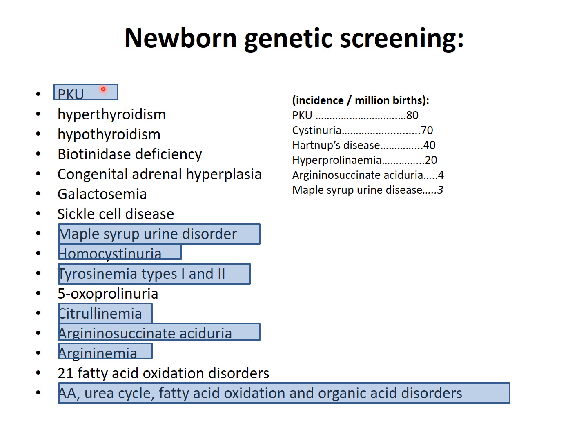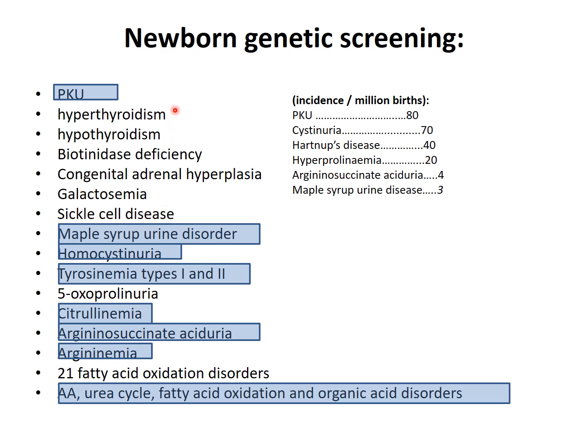So PKU for phenylketonuria, maple syrup urine disorder key enzyme, homocystinuria key enzyme, and tyrosinemia key enzymes are screened. Citrullinemia, argininosuccinate aciduria, argininemia are linked to amino acid metabolism. They are actually linked to urea cycle disorders.